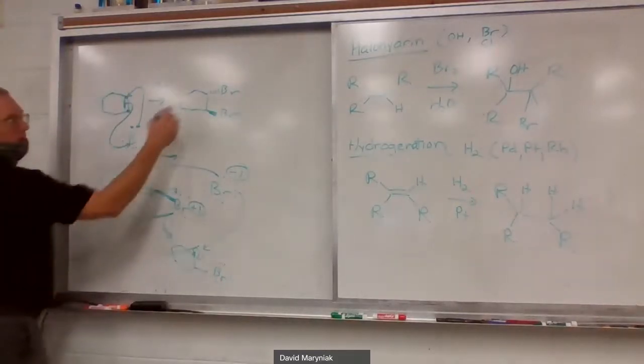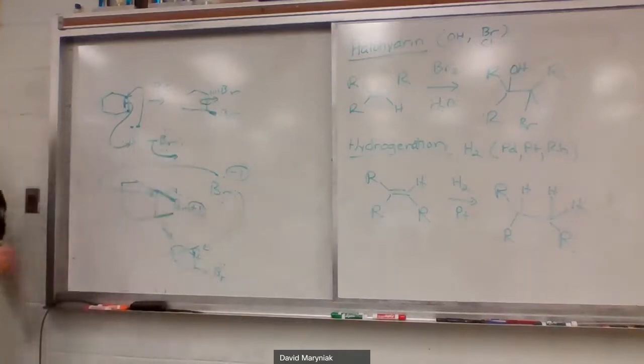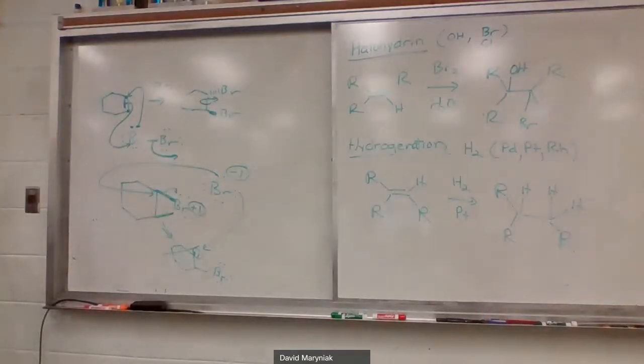And does this have free rotation? No, why not? Because it's part of a cyclic system and it would create torsion, so it prevents it from rotating. But can that chair flip into different conformations? Yes.